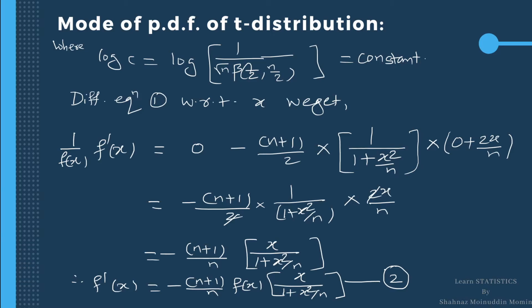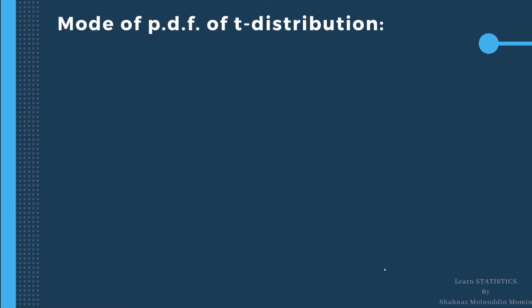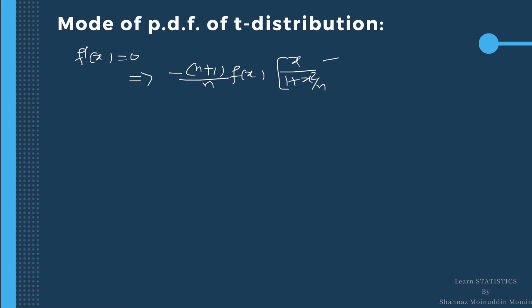Now equate equation number 2 to 0, we get f dash x is equal to 0. This will imply minus n plus 1 upon n fx into x by 1 plus x square by n is equal to 0.